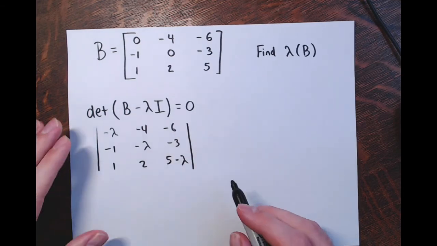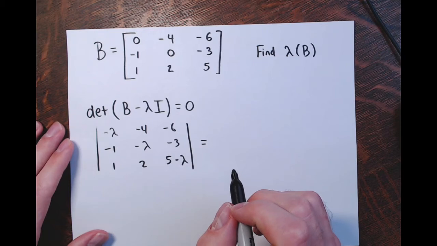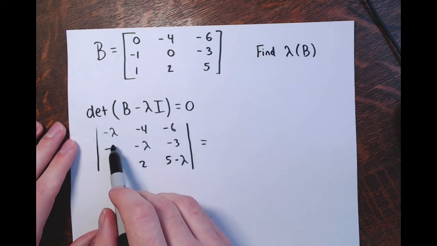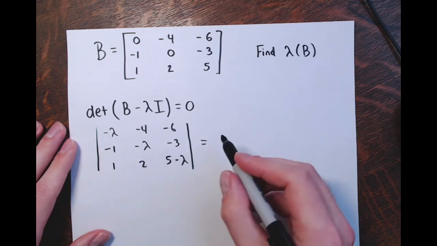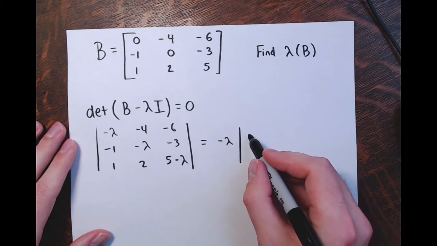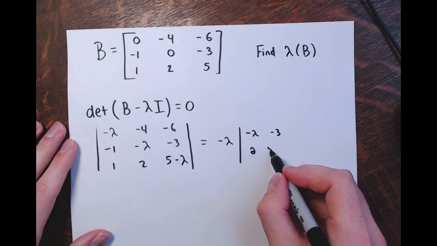Now I'm just going to start writing this out. Now, this isn't as nice. There's not a lot of zeros. What I'm going to do is go down the first column. So we have negative lambda times the minor with negative lambda, negative 3, 2, and 5 minus lambda.